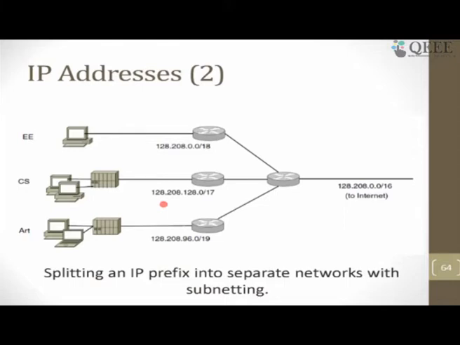Now see the CS address carefully. The CS address starts from here, and it is taking 17 bits. So 17 bits means it takes addresses up till here. It starts from this, but takes addresses up till here. So what would be the last address of CS?